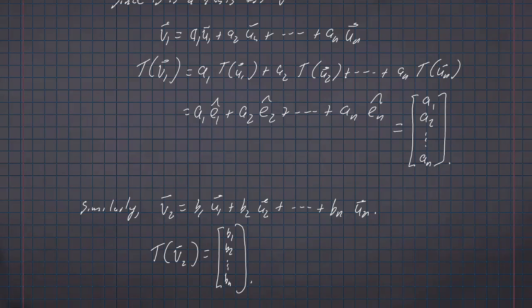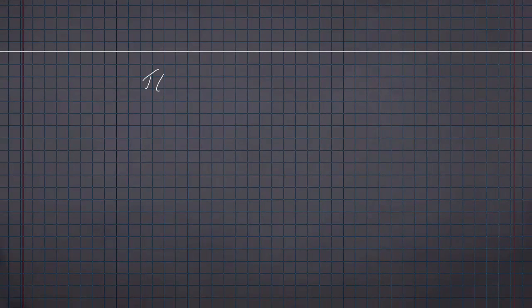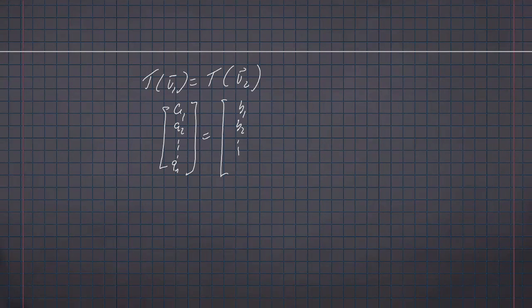Now, why is that useful? Well, that's useful because we assumed that T of v1 was equal to T of v2. Which means that the Euclidean vector a1, a2 down to an is equal to the Euclidean vector b1, b2 down to bn.